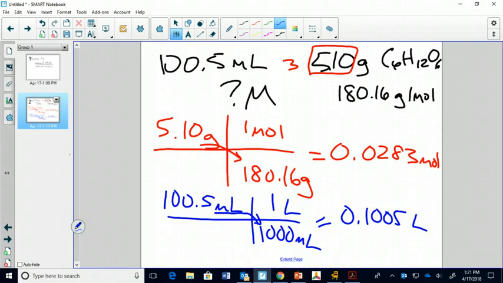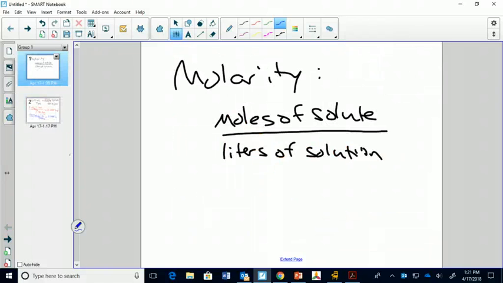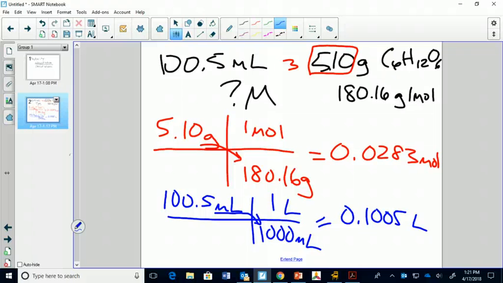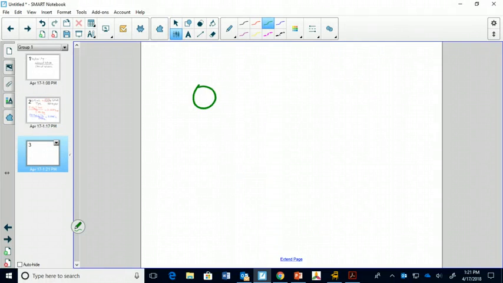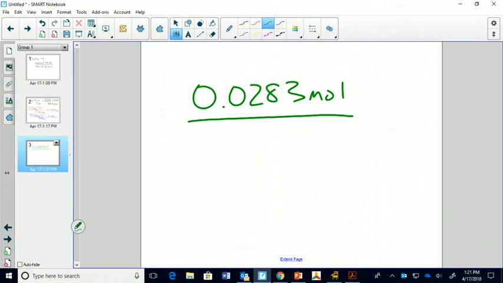Are you with me, friends? I had to do those two pieces because in order to get molarity, it has to be moles over liters. It doesn't work with any other units. Make sense? And now what do I do with these numbers? I simply divide them, right? So I'm going to take my 0.0283 moles. I'm going to divide it by the number of liters, which is 0.1005.